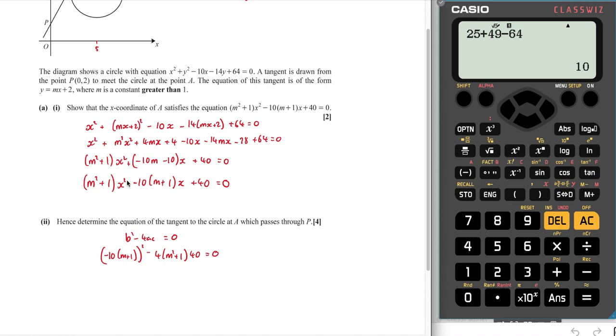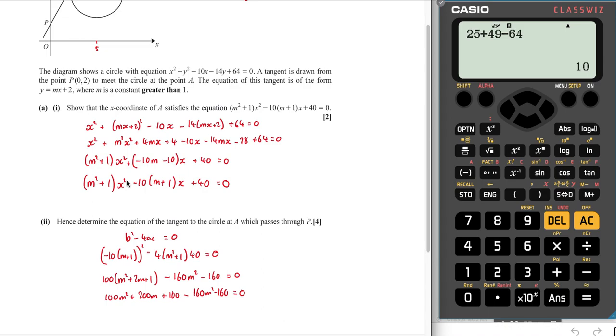So I've got 100, and then I'm going to square out this bracket, so that's m squared plus 2m plus 1, minus 4 40s are 160, so that's minus 160 m squared minus 160 is equal to 0, so that's 100 m squared plus 200 m plus 100 minus 160 m squared minus 160 equals 0.